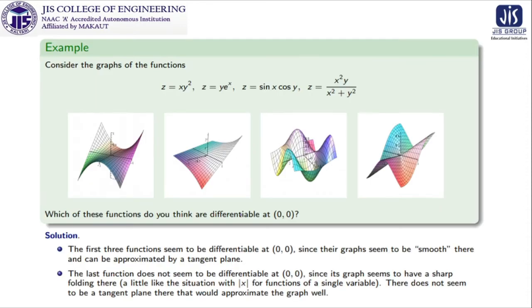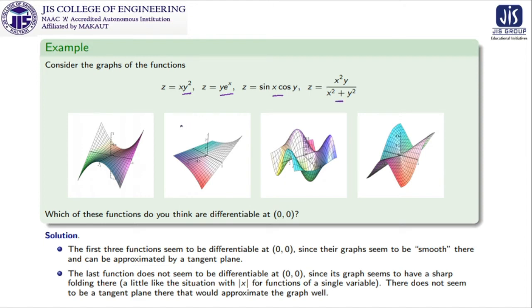You will see. Before that, please consider the graphs of the functions. There are four functions: z equals x y squared, z equals y times e to the power x, z equals sin x times cos y, and z equals x squared y by x squared plus y squared.